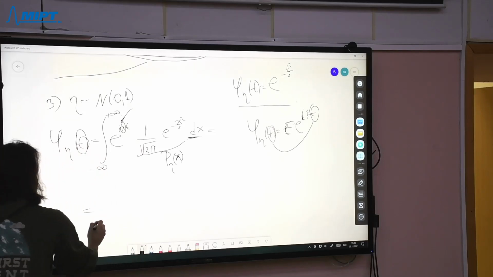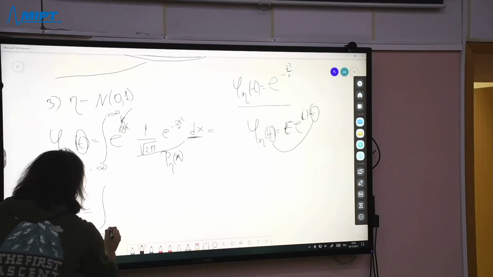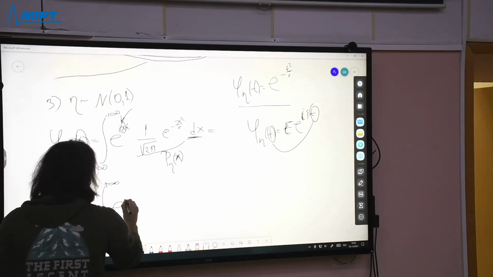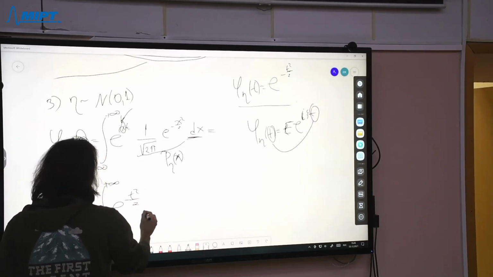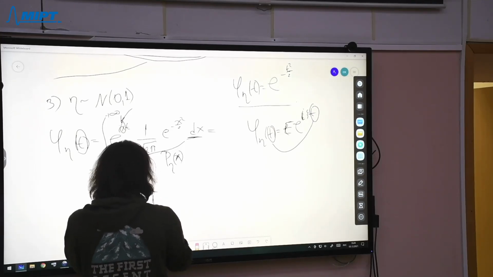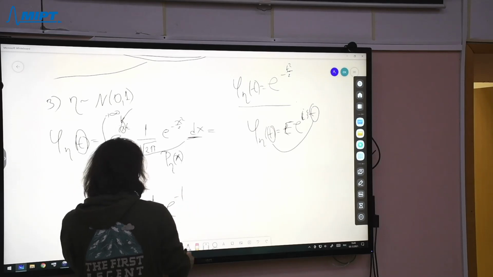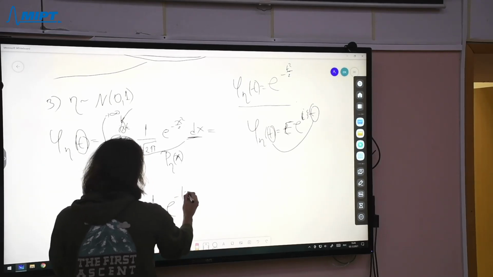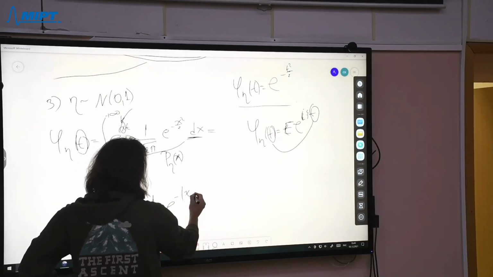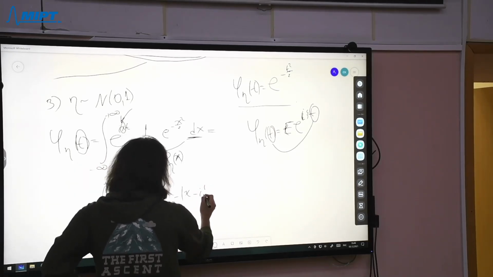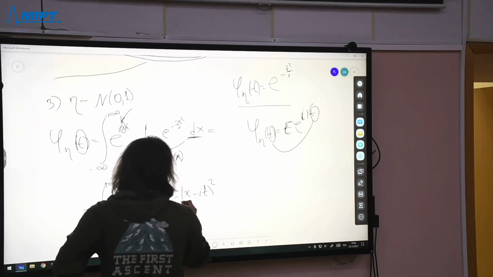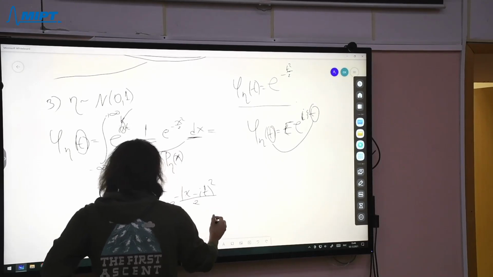And this is equal to the following. This is the integral from minus infinity to plus infinity of e to the minus t squared over 2, and we will get 1 over the square root of 2 pi e to the minus (x minus i t) squared over 2 dx.